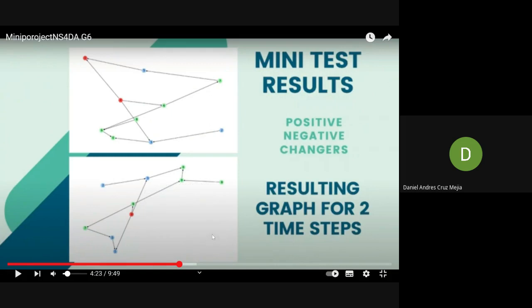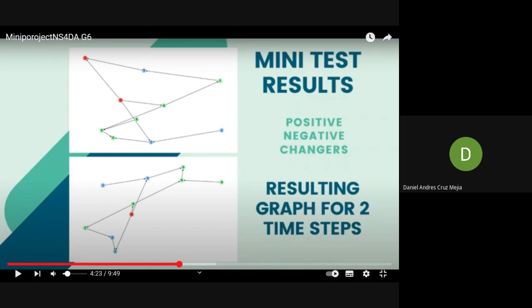Okay, to test our developed diffusion model based on the paper, we first run a mini test on a little artificial network, in which we saw that the diffusion model works in a certain fashion.